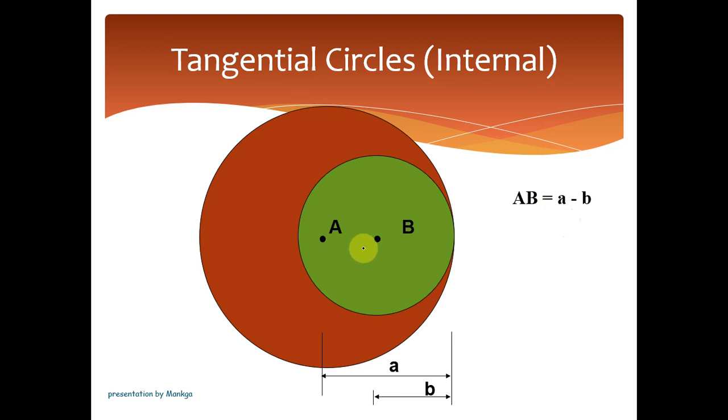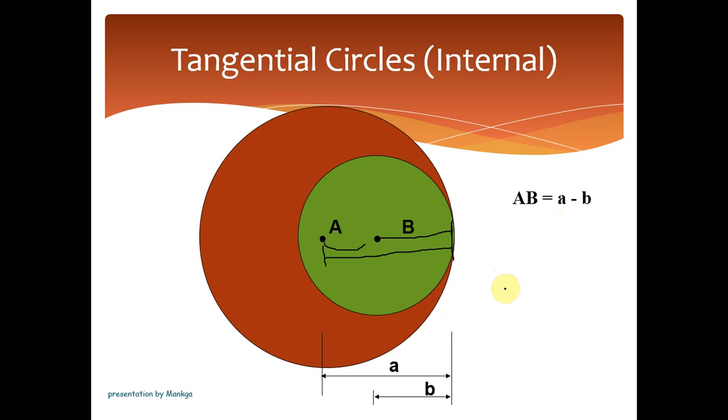The first radius will be from here to here, and then the radius of B will be from here to here. When you subtract these two, they should give you the length. That's why we say AB is equal to a minus b. Then these two circles are tangential internally.